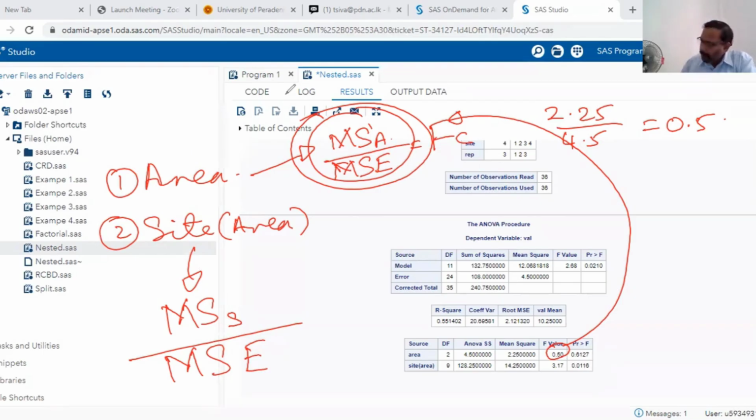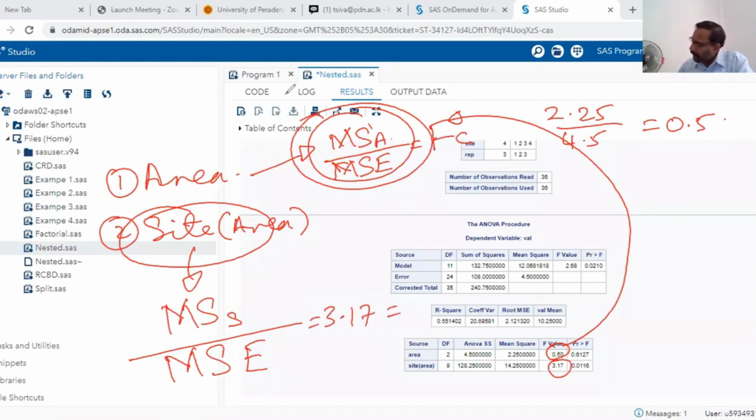Look at the second one. We are testing the site within the area. So mean square of site divided by mean square of error. That is the value here, that is equal to 3.17. So what is the mean square of site within the area? 14.25 divided by 4.5. So that is 3.17.